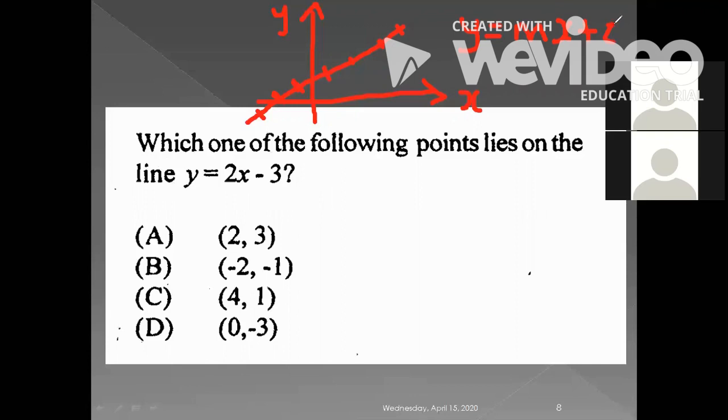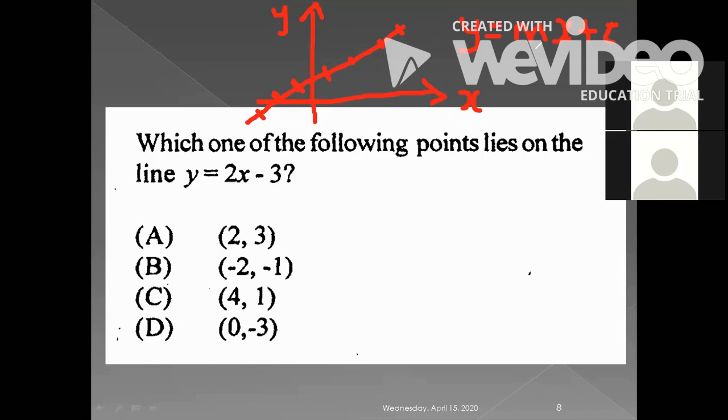All straight lines have the formula y equals mx plus c. And we said that x and y are variables, and that m represents the gradient.